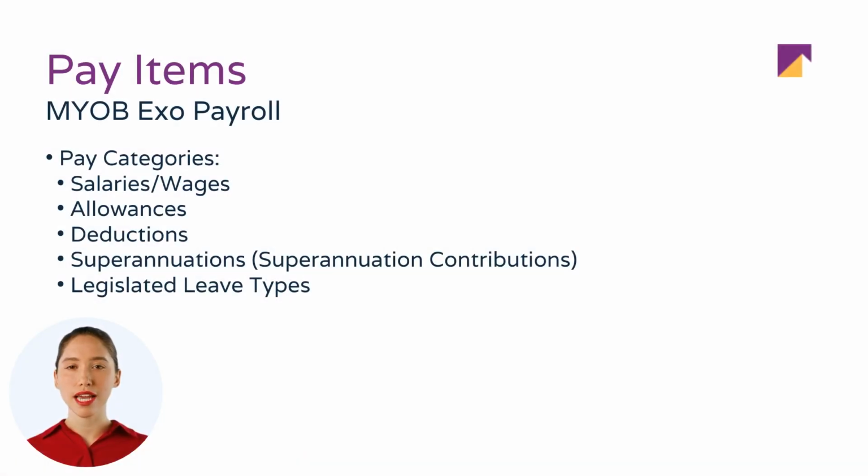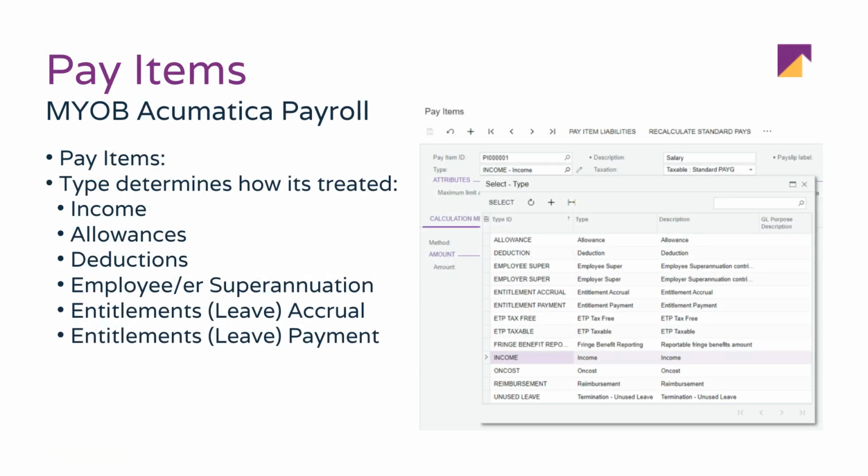In MYOB Exo Payroll, each of the different types of payments fall under predefined categories, such as salaries, wages, allowances, deductions, superannuation contributions, and each of the legislated leave types. In MYOB Acumatica Payroll, these are all classed as pay items.